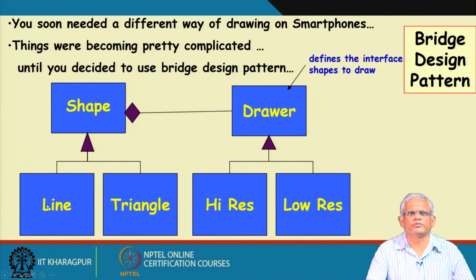If we want to have more shapes added here, we will add them on this side. And the other is the implementation hierarchy, where the drawing, high resolution, low resolution, transient view, low resolution transient, high resolution transient, and so on. Now, the number of classes has become very manageable and this is the bridge pattern.